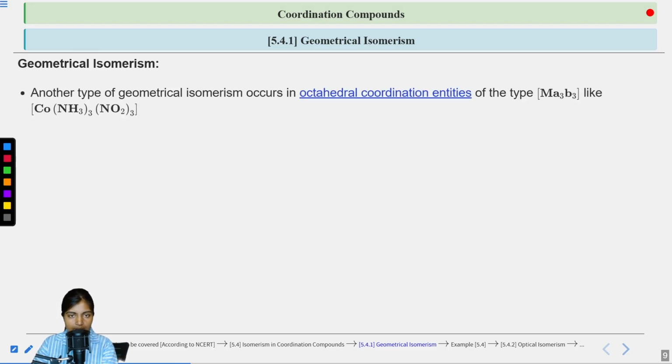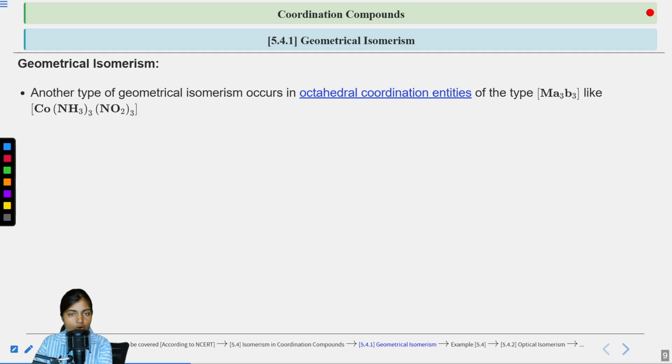Another type of geometrical isomerism occurs in the octahedral coordination entities of the type Ma3b3, like Co(NH3)3(NO2)3. So there is another type of geometrical isomerism that you can observe in the octahedral coordination entities.